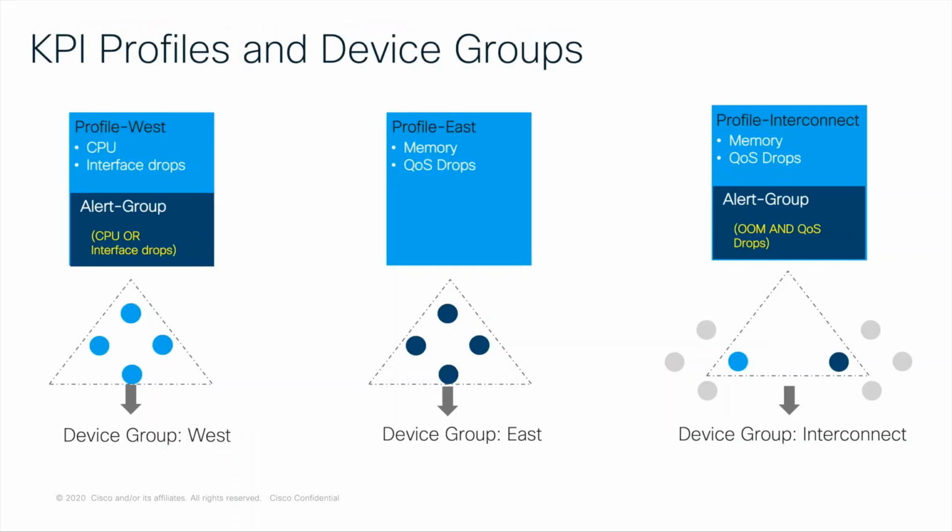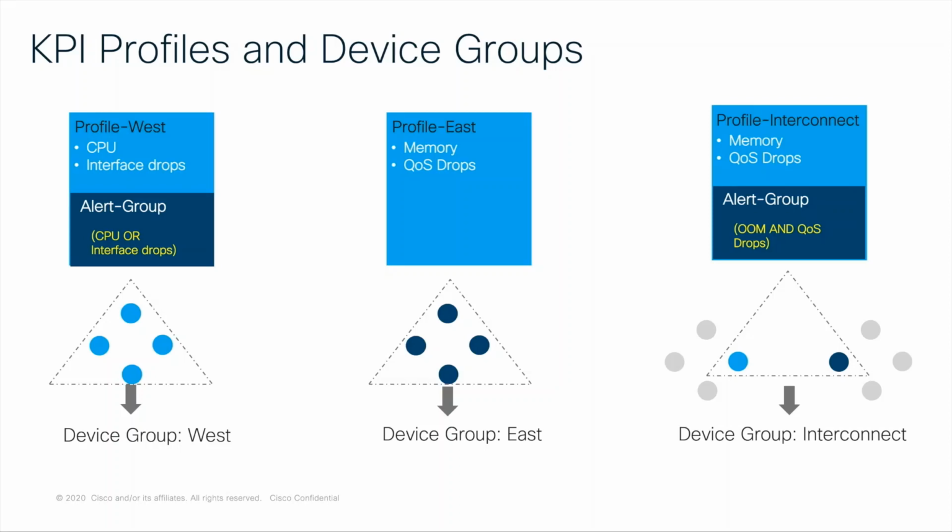What are KPI profiles and device groups? I just want to touch upon these key factors here. You can create KPI profiles with the KPIs you think are relevant to be enabled on a certain set of devices. You can group devices with tags. For example, these are all my P routers, and I tag them with a P routers tag.